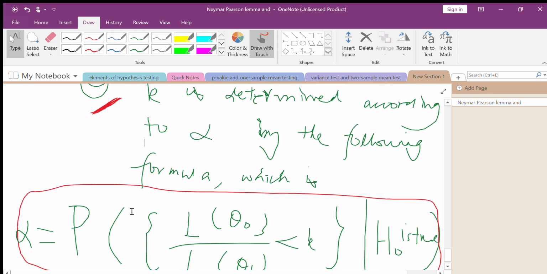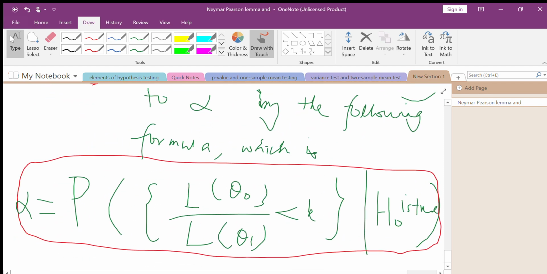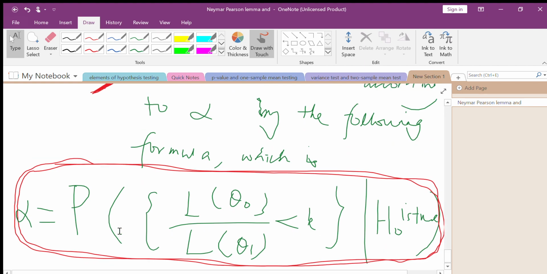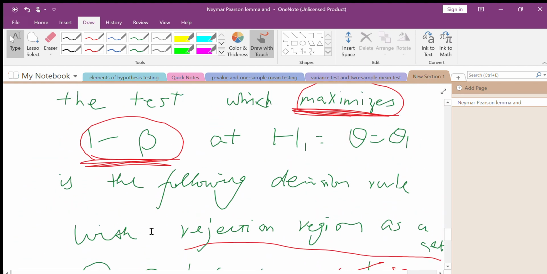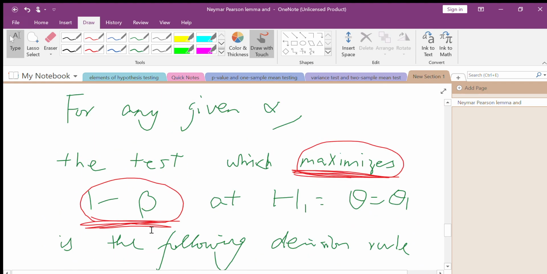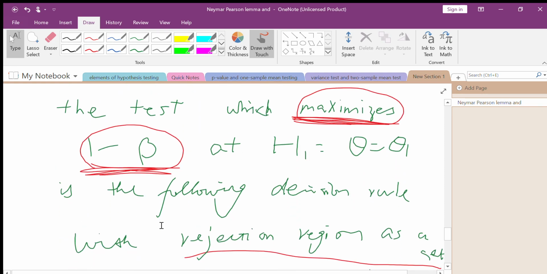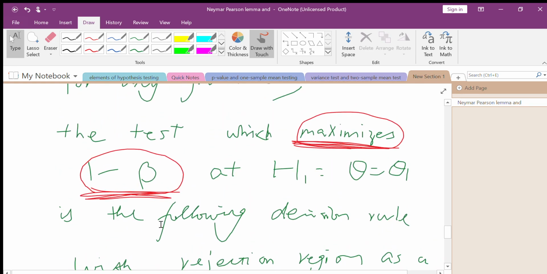K is determined by this formula: set the probability of this event given H0 is true to alpha. Then we can claim by the Neyman-Pearson lemma that such a test constructed by the following two steps maximizes 1 minus beta. This is what the Neyman-Pearson lemma says.